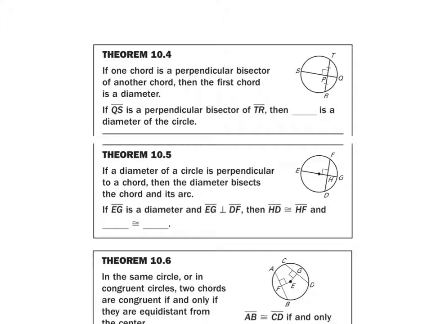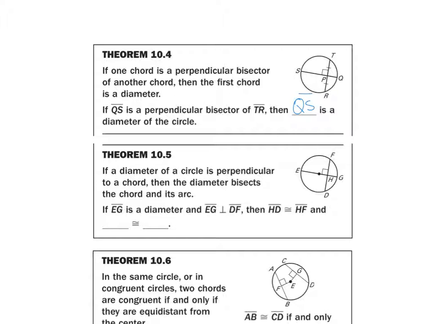If a chord is a perpendicular bisector, so if SQ bisects TR, then that first chord, SQ, is a diameter. So if QS is a perpendicular bisector of TR, then QS is a diameter.